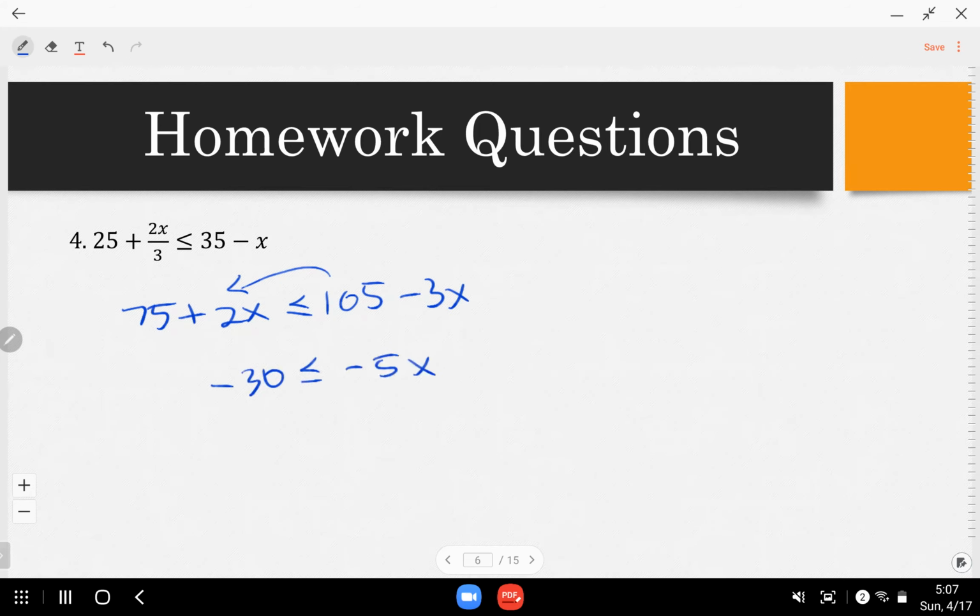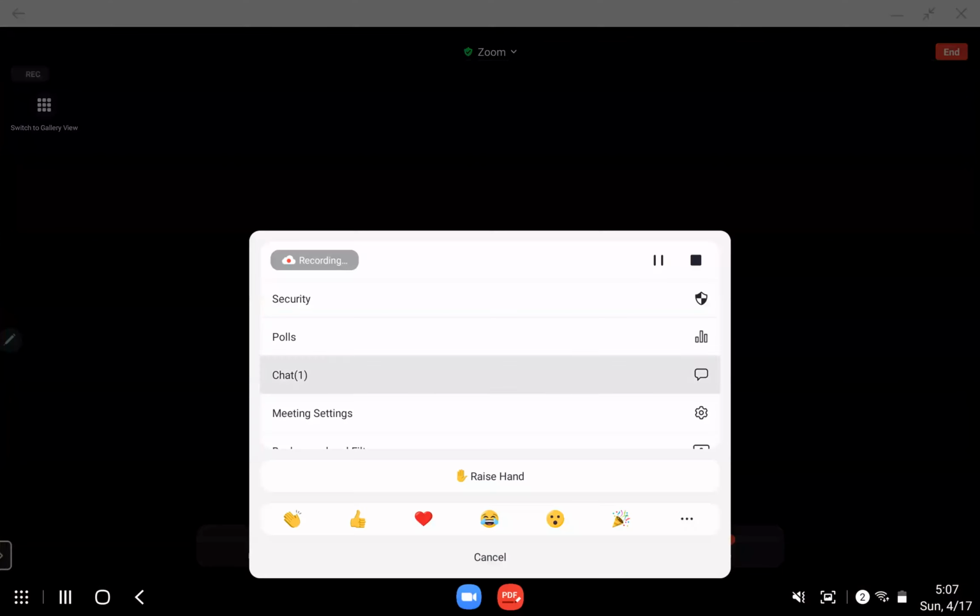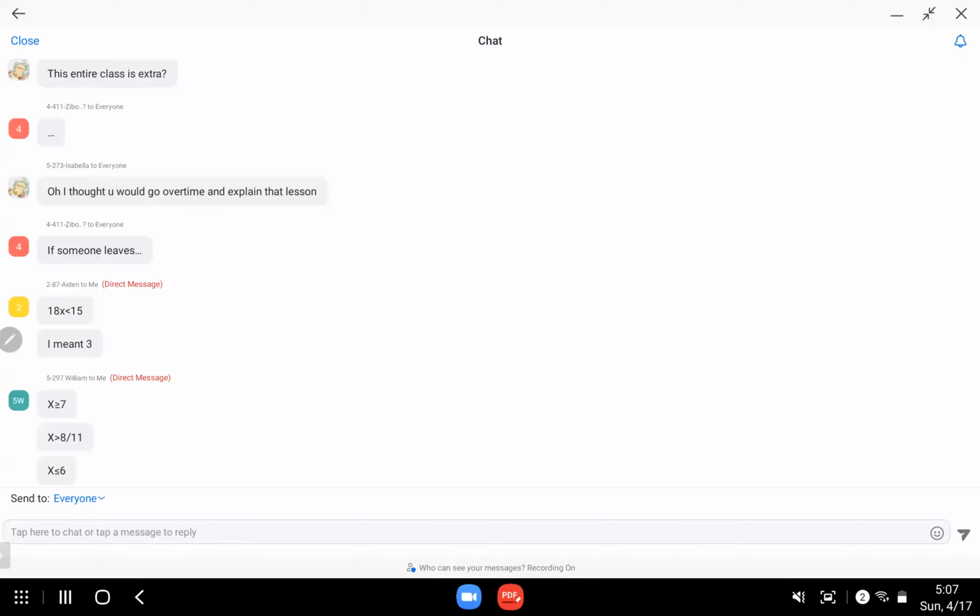This is a perfect opportunity to practice: when you divide by a negative, you have to flip the sign. So this less than or equal to turns into greater than or equal to. Divide by negative 5, and we get x is less than or equal to 6. Did everybody get less than or equal to 6 on the homework? Hopefully everybody got that.